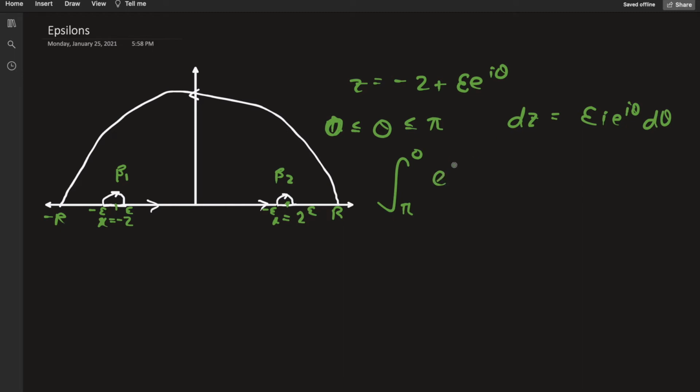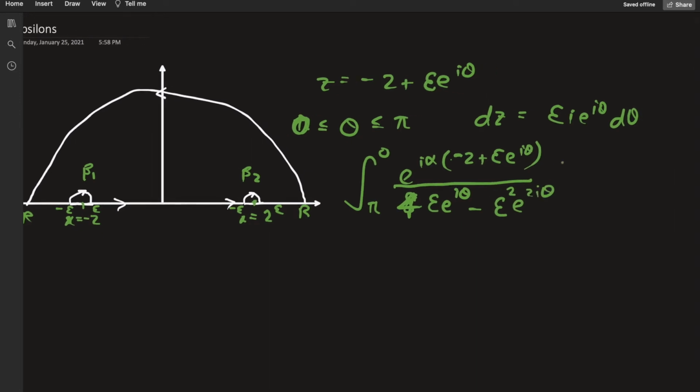So we have e to the I alpha times -2 plus epsilon e to the I theta, divided by 4 minus z squared, and when we do all that calculation, we have 4, 2 times 2, yes 4, not 8, minus epsilon squared e to the 2I theta.